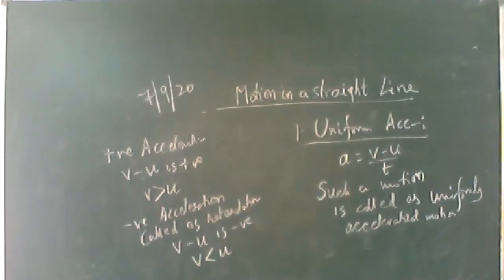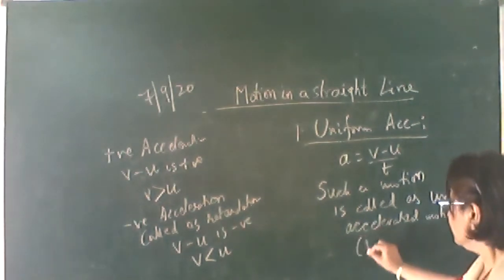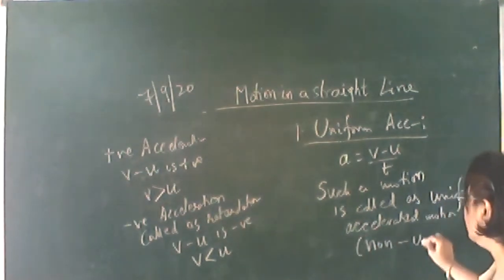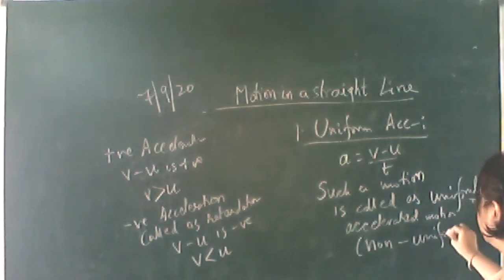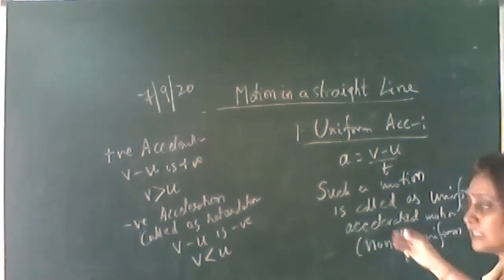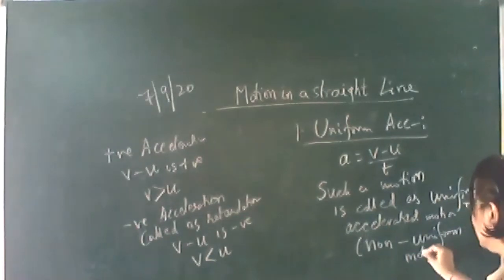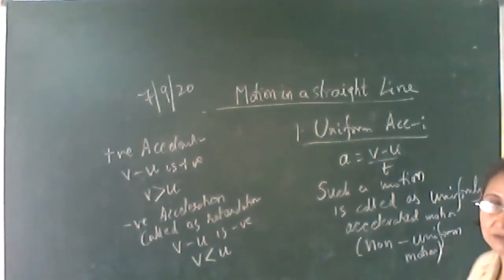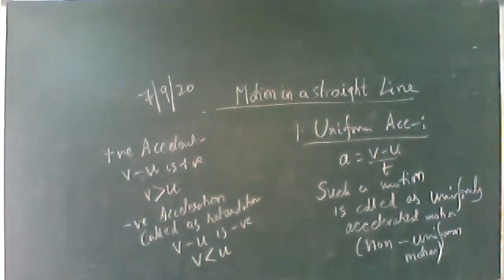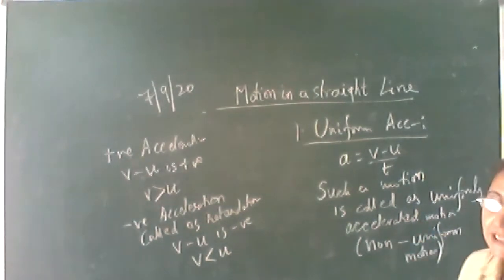It is not the uniform motion. Why? Because the body possesses some acceleration. Okay, but that acceleration is constant. So this is non-uniform motion. If the acceleration is not constant, then also it is non-uniform motion. But uniformly accelerated motion is non-uniform motion.